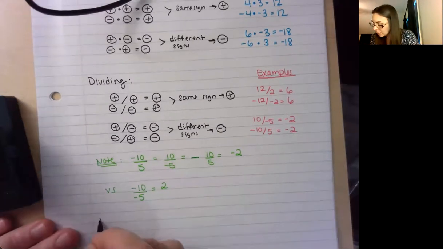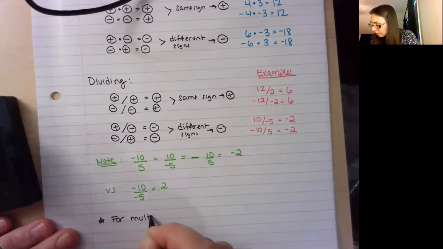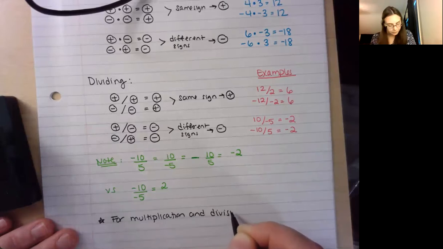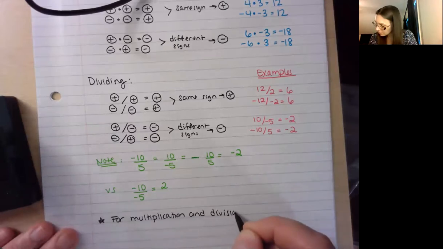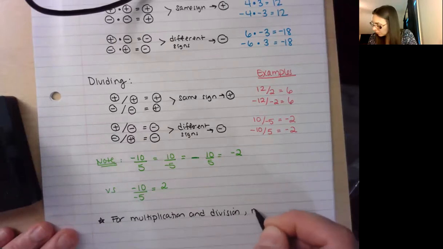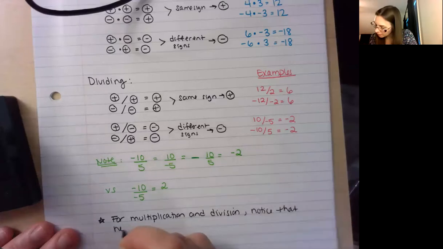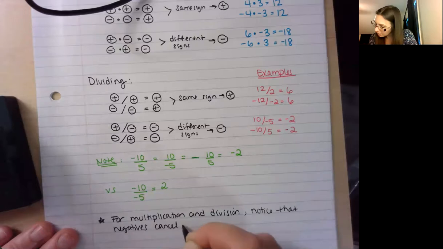And what I like to note here is that for multiplication and division, negatives cancel in twos, right?